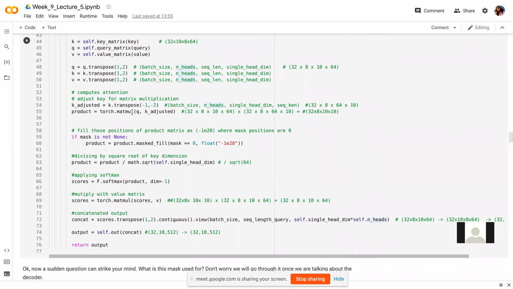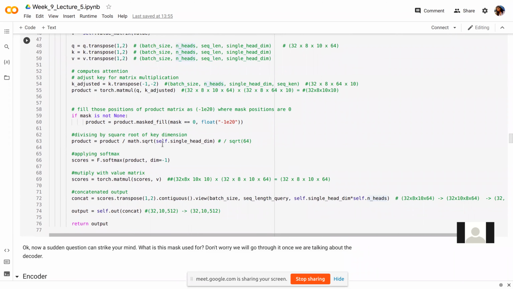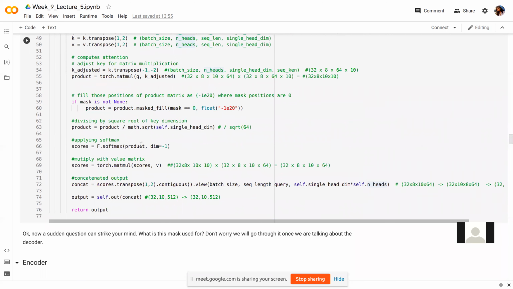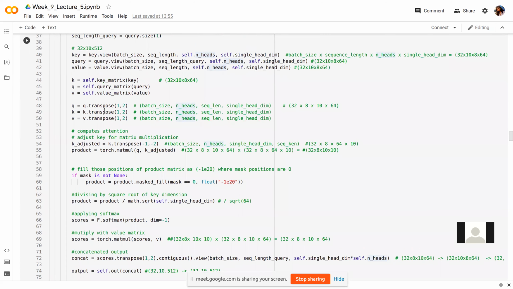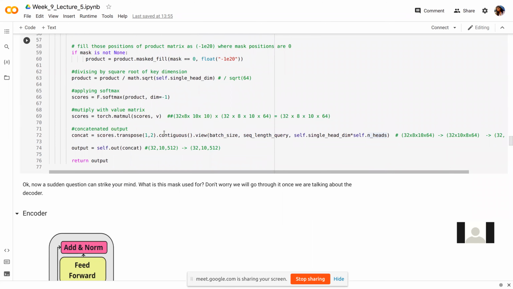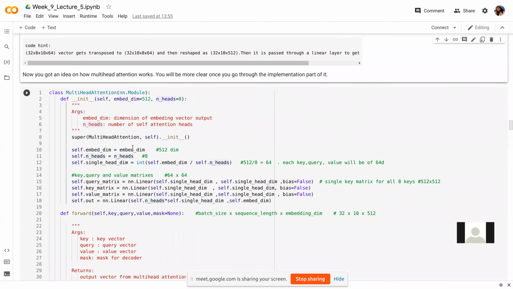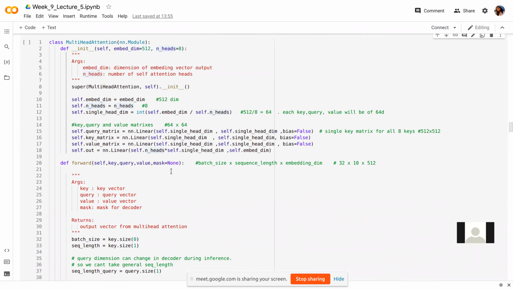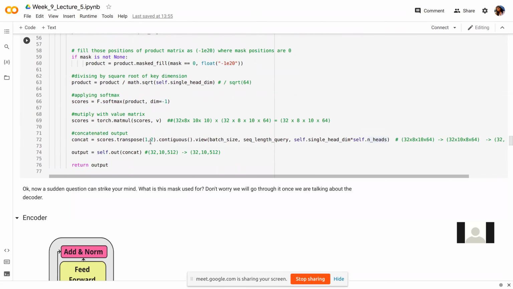So for that, q and k are multiplied. Then divide it by the square root of the dimensionality, and after division, apply the softmax function. Using these scores, take the weighted average of all these values, and that will give you Z1, the output corresponding to the input here, right? Then pass it through this fully connected layer here, self.out of concat. Remember this layer? And that will be the output of this multi-head attention.